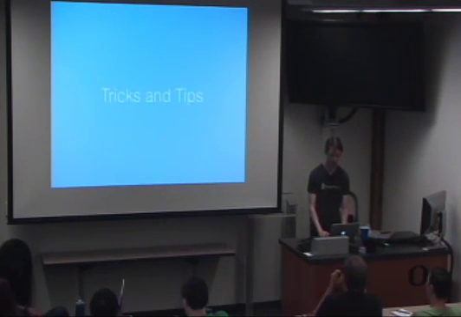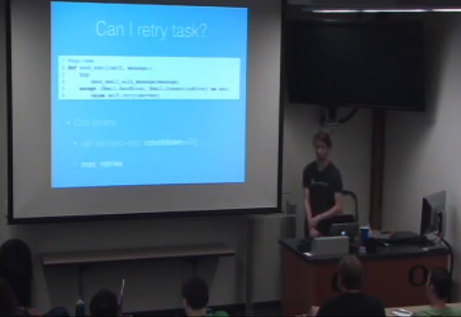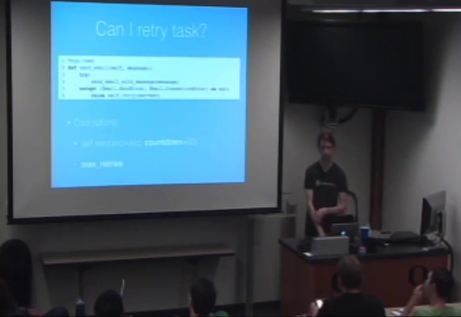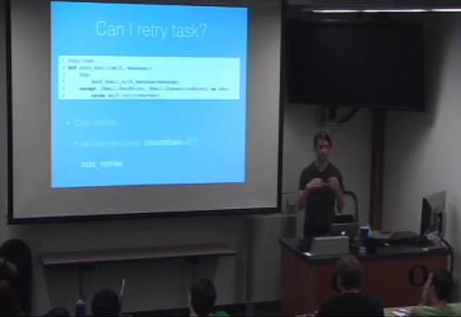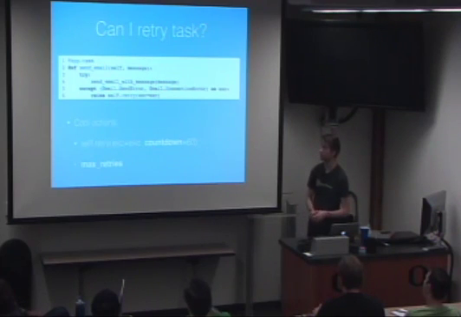All right. A couple of tricks and tips. One really amazing thing is self.retry. If you have a Celery task, sometimes they fail. Let's imagine you want to send an email to the user and your email backend, let's say SendGrid, is down. You can easily say raise self.retry.